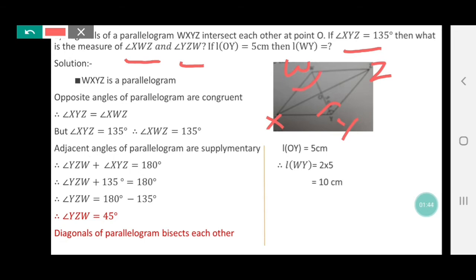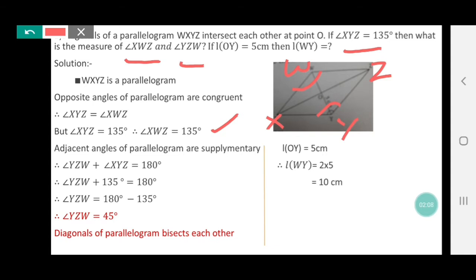To find XWZ, we go with the property of opposite angles, that is angle XYZ is equal to angle XWZ. Angle XYZ is 135, so angle XWZ is 135. This is one part that we have solved.